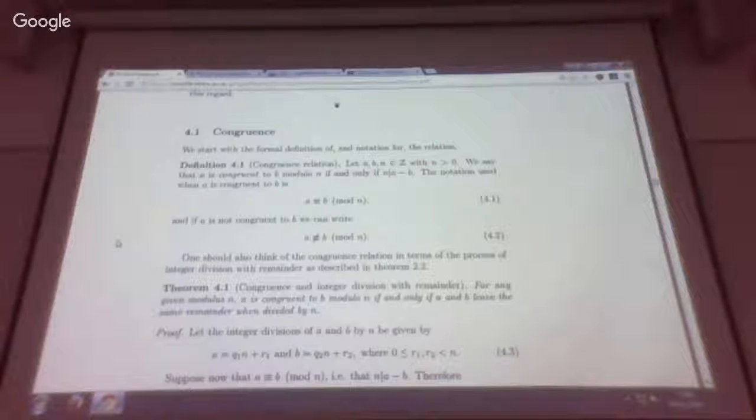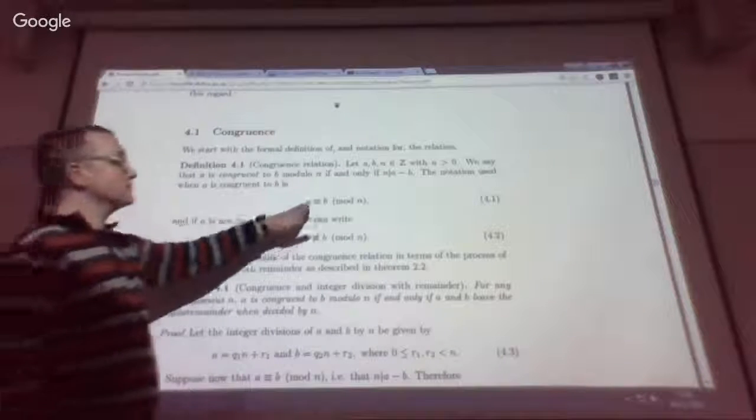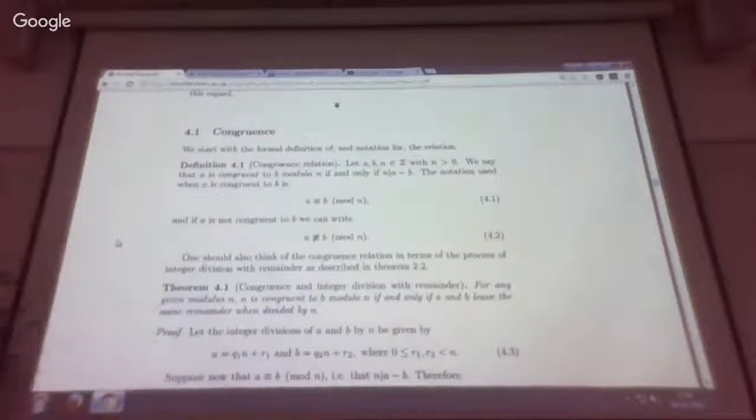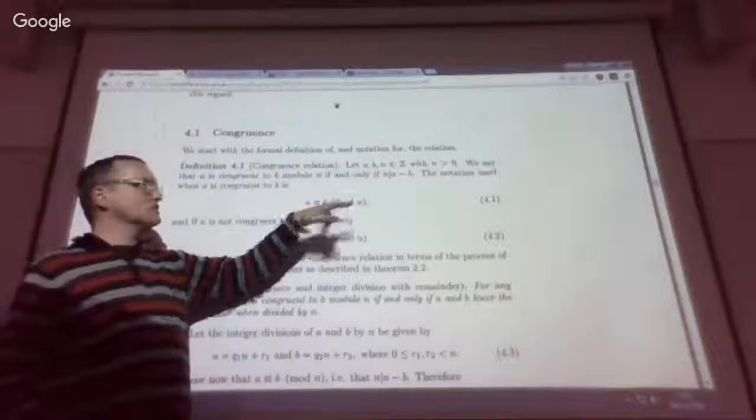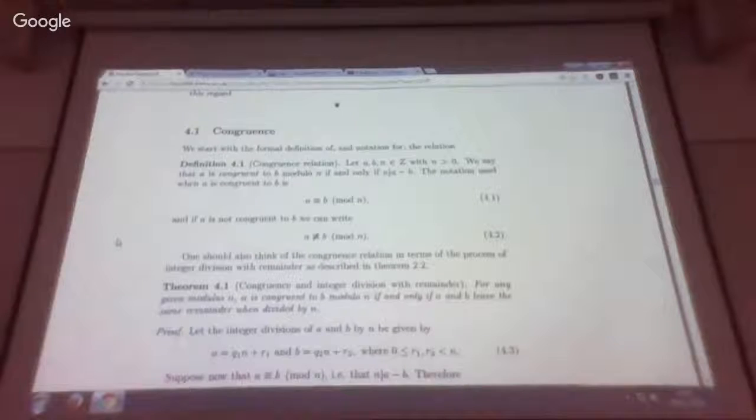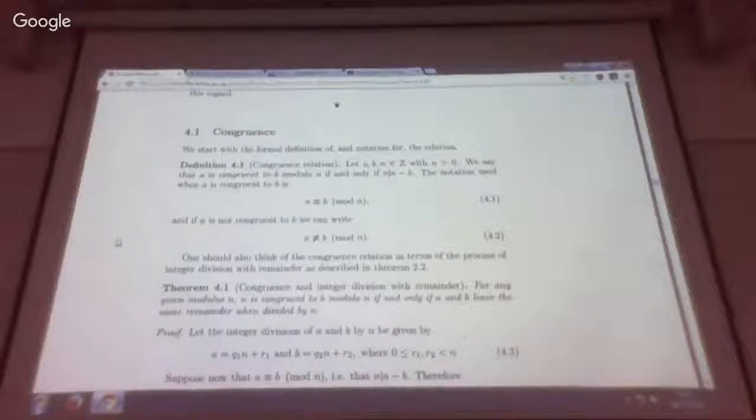So we went to the trouble of defining it carefully and establishing some basic properties about it. We're going to continue that today. Very quickly, what we covered last time was we introduced this definition. It's a relation on the integers, a binary relation. When we're talking modulo n, some fixed number n, if you give me two integers a and b, I give you this statement: a is congruent to b modulo n. It's a statement. It might be true or false.